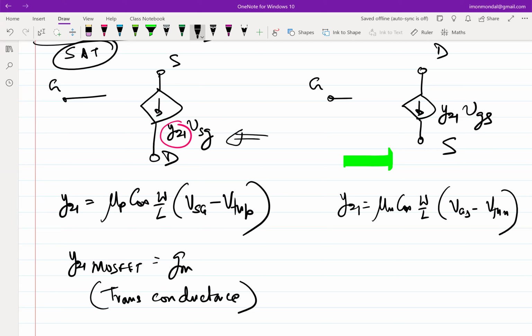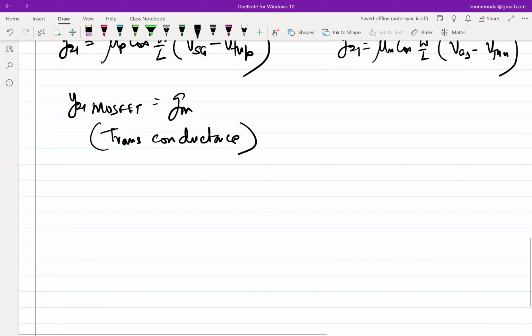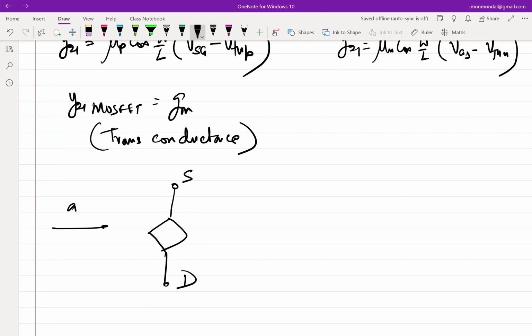So that's why people generally try to express everything in terms of VGS all the time, so that I don't have to deal with negative signs more often. That's why the usual PMOS incremental model looks like this. Source remains source, drain remains drain, gate remains gate, no issues.